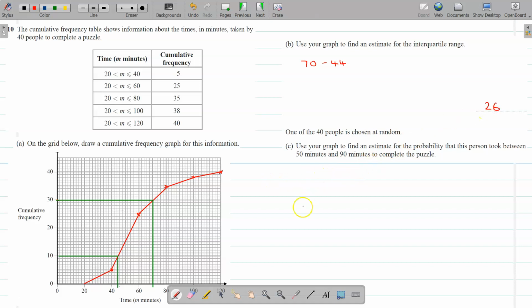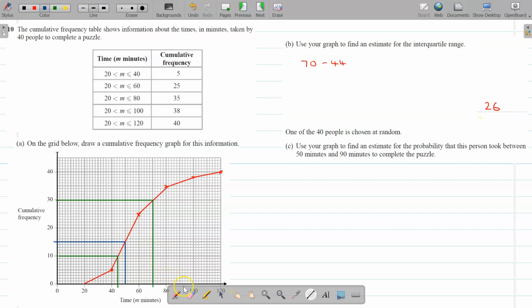Now we've got to find the probability that the person took between 50 and 90 minutes. So let's find 50 and 90 minutes on the base of the graph. There's 50, and project a line up from 50, hit the graph, and then project that across. You can see that's going to be at 15.